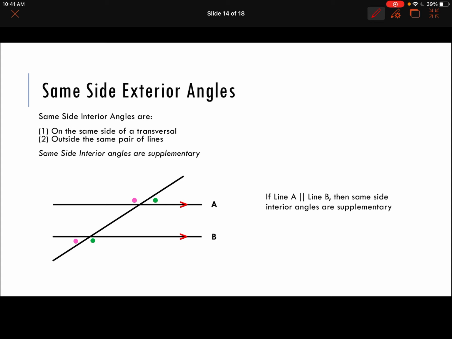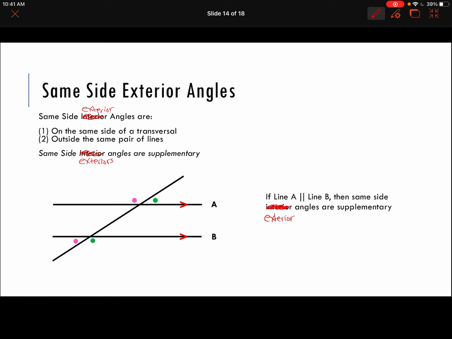The next relationship that we have is same side exterior angles. And my copy paste game is off. So same side exterior angles have the same relationship as same side interior angles, where they are supplementary, but they're outside of the transversal.